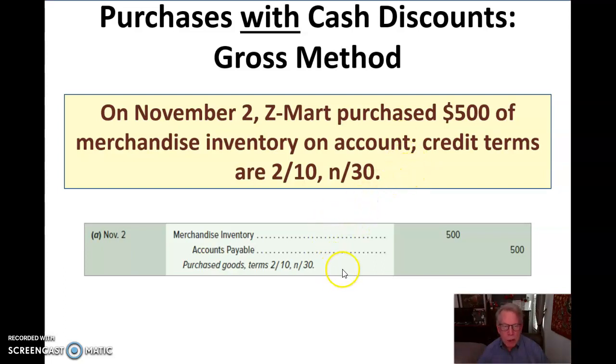So when we purchase initially, we're going to debit the inventory to increase it, credit accounts payable, the liability, to increase it. And we're increasing it by $500. We haven't considered the credit terms yet.